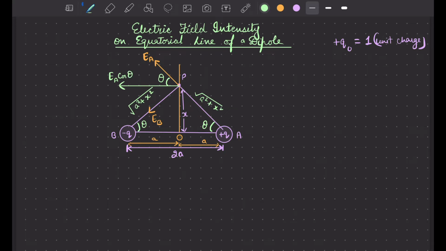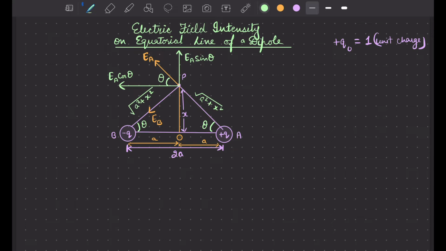As we have already done in class 11th, we can resolve the vector into two components. So here I have resolved the electric field intensity vector because of the charge placed at A into a component EA cos theta. The perpendicular component will act along the upward direction, and it will be written as EA sin theta.